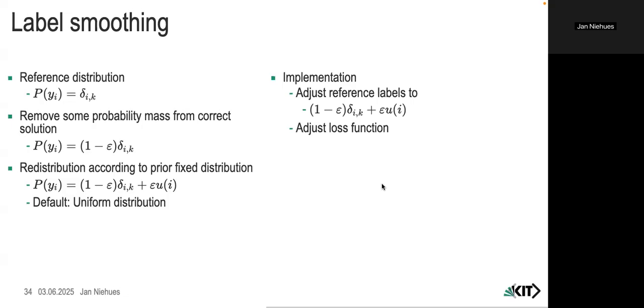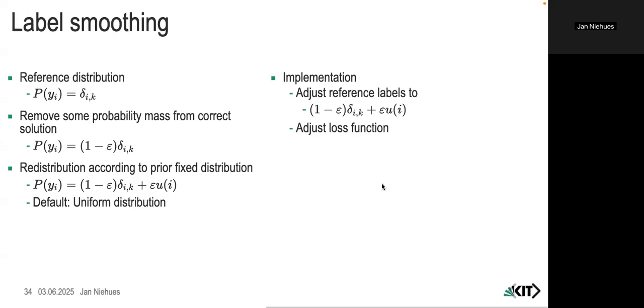And then you give this distribution as your reference. The other implementation is that you change your loss function so that the loss function is not calculating the loss between the reference and your distribution directly, but first changes the reference. It's more like a minor detail, but this is how you can do this type of implementation.